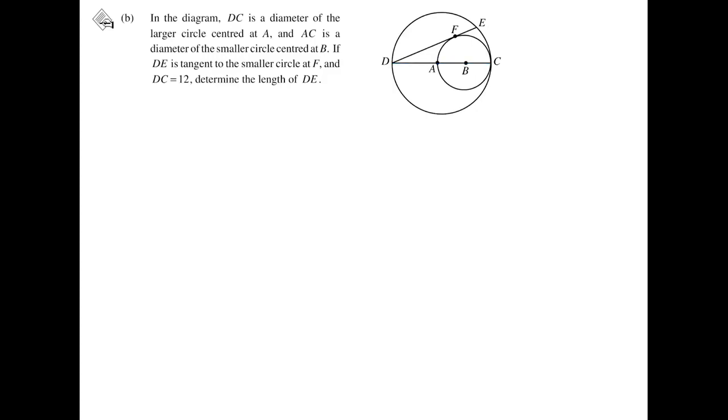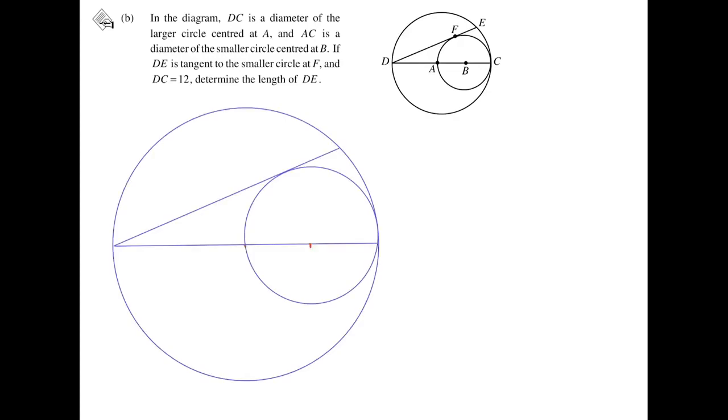And AC is the diameter of the smaller circle centered at B. If DE is tangent to the smaller circle at point F, and DC is equal to 12, determine the length of DE. All right. I think I'm going to draw this out a little bit bigger to avoid making this too messy. All right, so it is much bigger now, and I'm going to start labeling these.